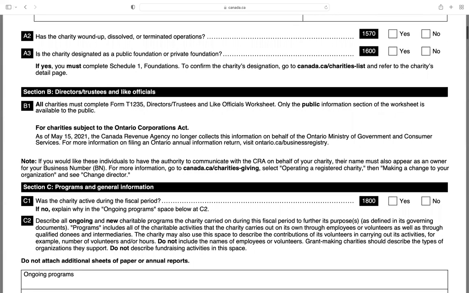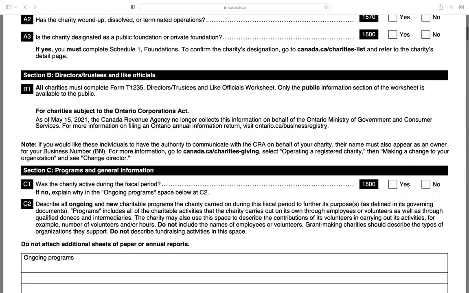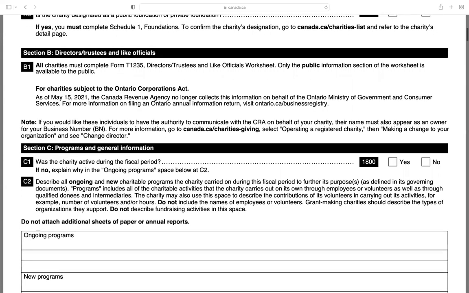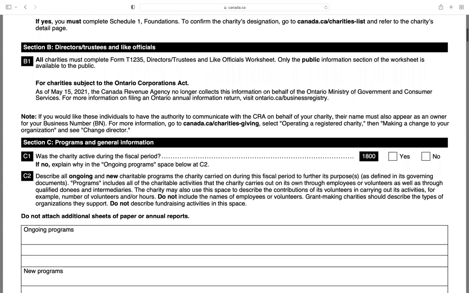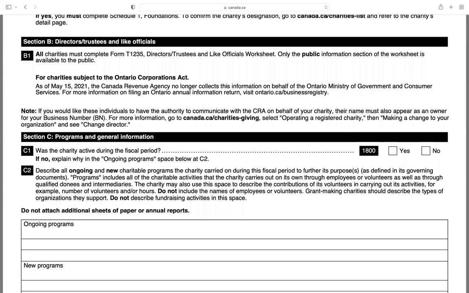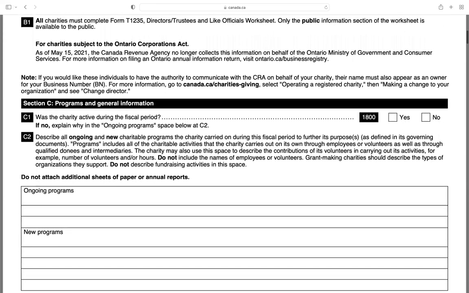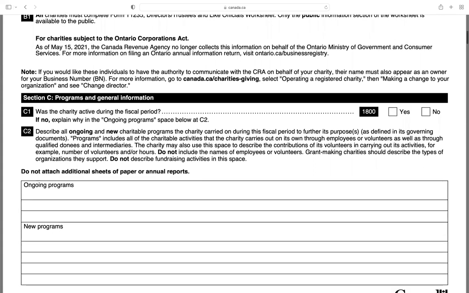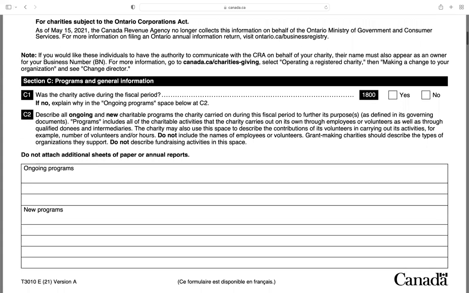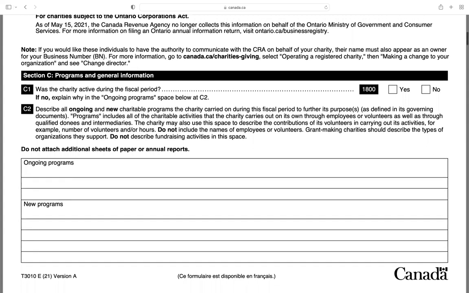So section C, programs and general information. Was the charity active during the fiscal year? We answer that. Then describe all ongoing and new charity programs the charity carried out during the fiscal year.